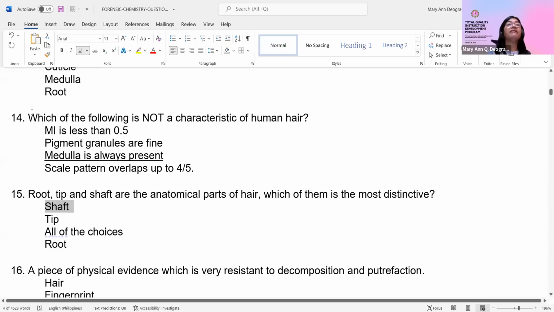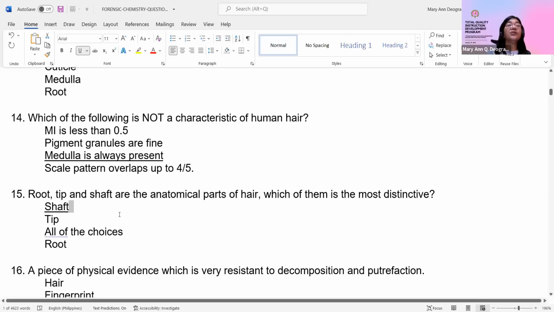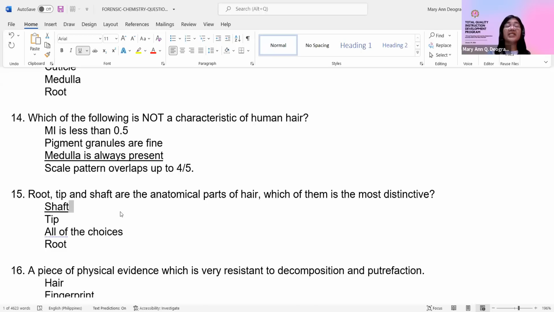Kasi yung shaft, nandyan yung ating medulla, nandyan yung ating cortex, nandyan yung ating cuticle. So, all of these can be identified, especially the origin of the hair, whether that came from human or animal hair. So, it is the shaft that will tell us kung saan nag-originate ang hair. So, most distinctive means the most important part of the hair.